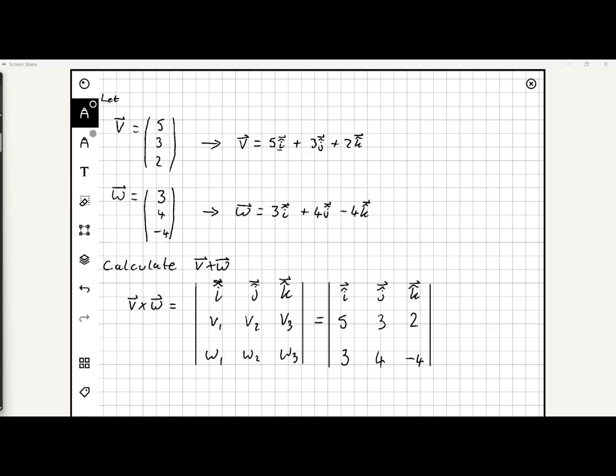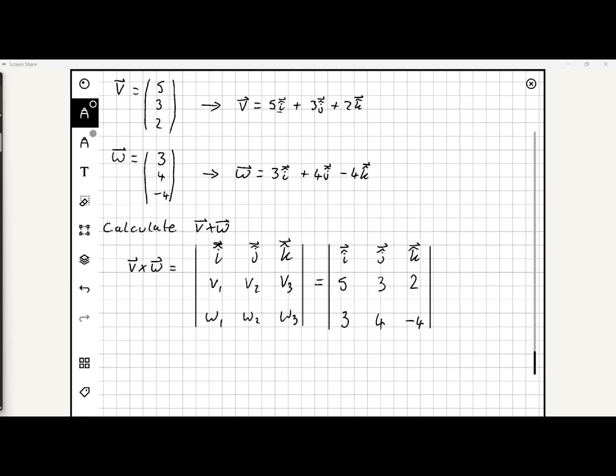We will find the determinant of that. Now remembering that doing the cross product of two vectors gives us a direction, so we're expecting i's, j's and k's coming out of this calculation. So let's do this determinant.